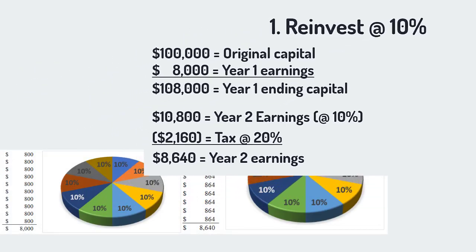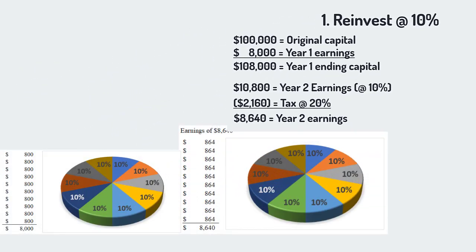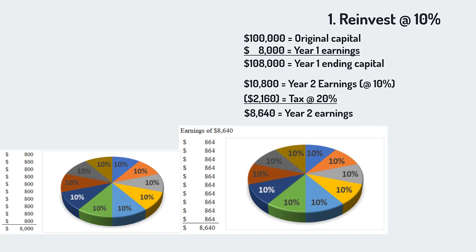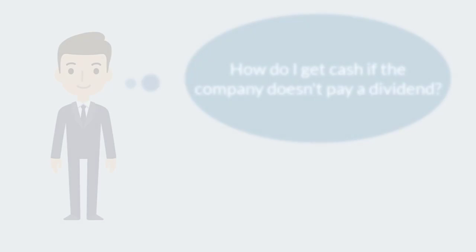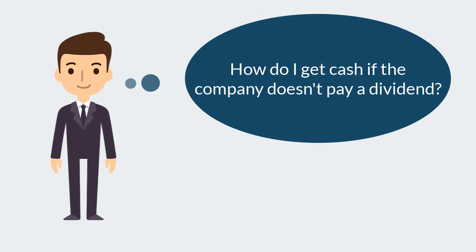And so how could you get cash after year 1 without the company paying dividends? And we see this in companies that do not pay a dividend. Berkshire Hathaway is one good example, which has for many years, decades in fact, not paid a dividend, but it has reinvested that capital, and its potential future dividends go up as that reinvestment occurs.